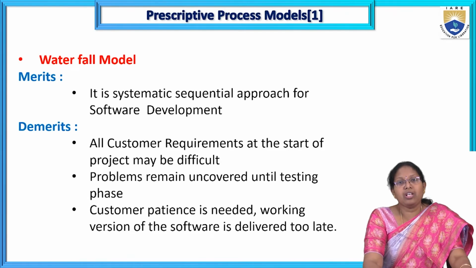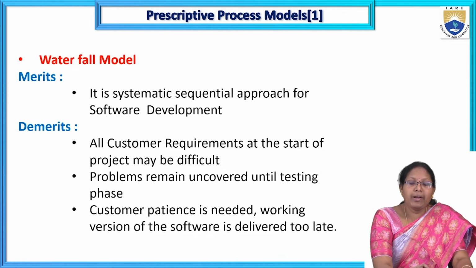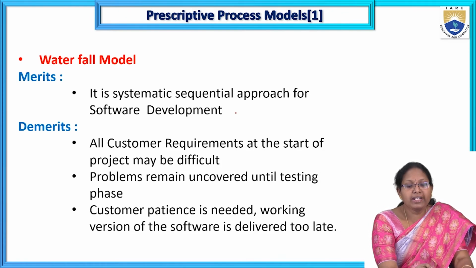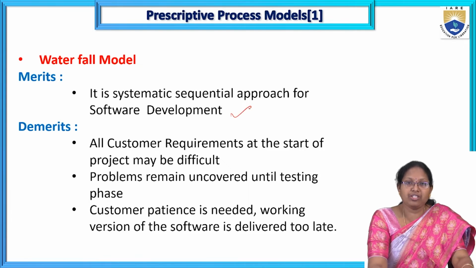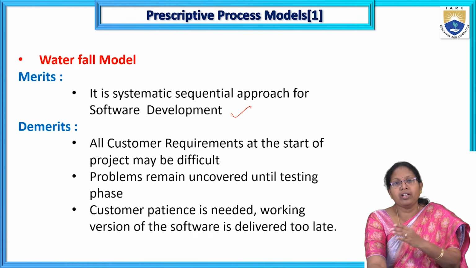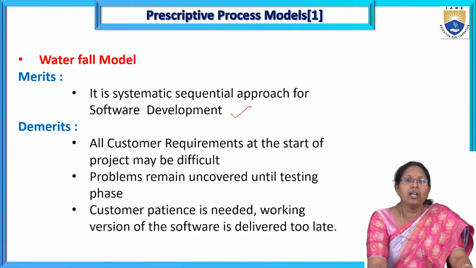The merit of the waterfall model is that it is a systematic sequential approach for software development. There are no deviations. From the first phase to the last phase, it goes one by one, systematically, through all phases to develop the software.